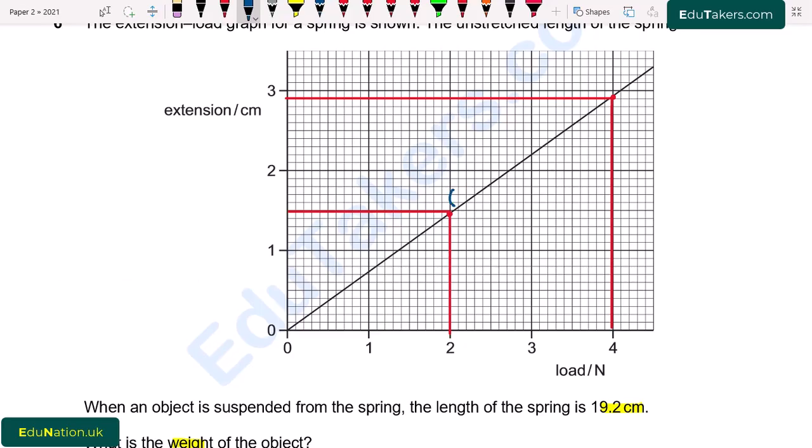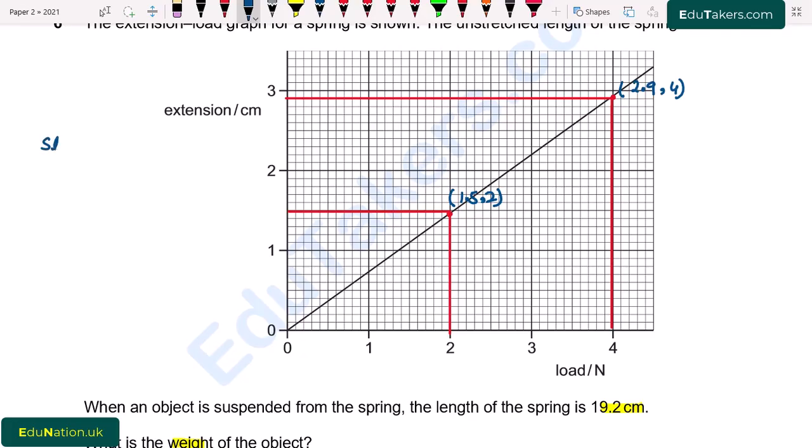So we observe from here that at this point load is 2 while the extension is 1.5. So I write here 1.5 and 2, and at this point it is 2.9 and 4.